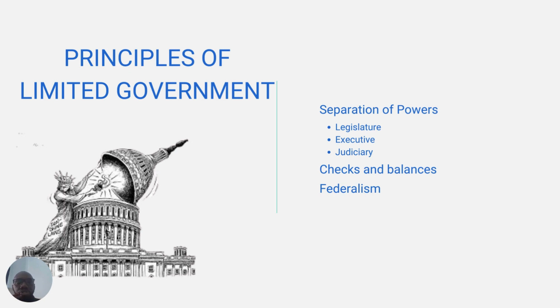It can be contrasted with the fusion of powers in monarchies, but also parliamentary and semi-presidential systems, where there can be overlap in memberships and functions between different branches, especially the executive and the legislative. Now, the intention behind a system of separated powers is to prevent the concentration of power by providing for checks and balances.